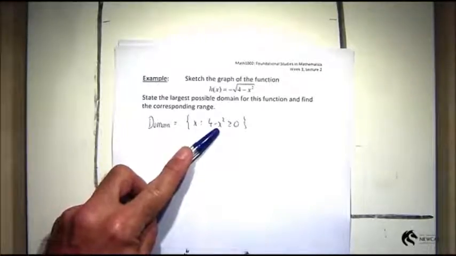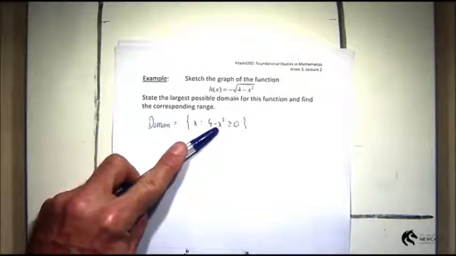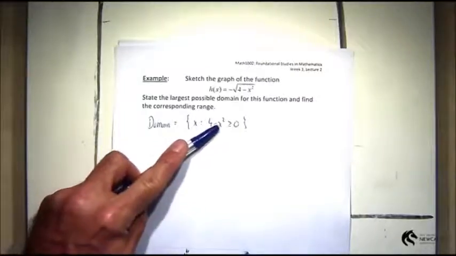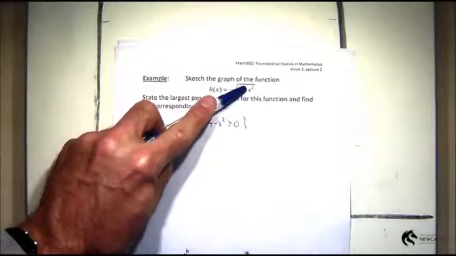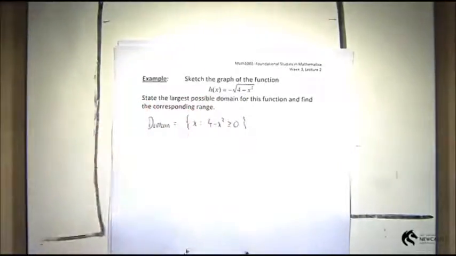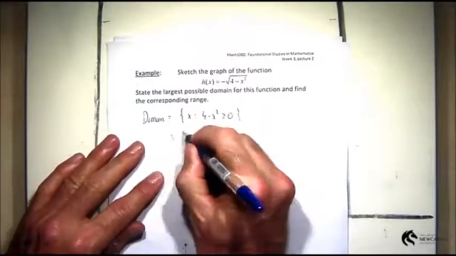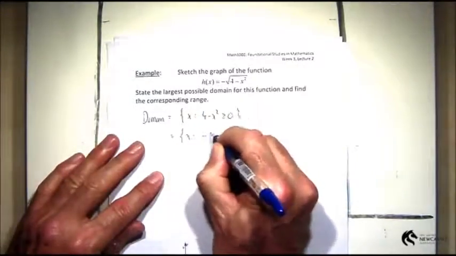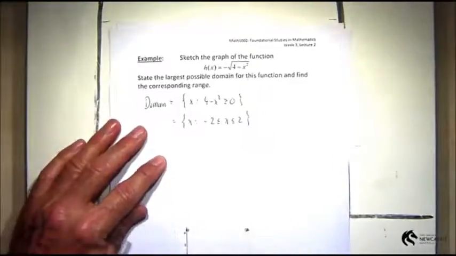And likewise, because it's a square, anything smaller than minus 2. For example, if I put minus 3 in here, minus 3 squared is 9, 4 minus 9 is negative, and so I can't take the square root of that. So the set of x values that make 4 minus x squared non-negative is the set of x values between minus 2 and 2.